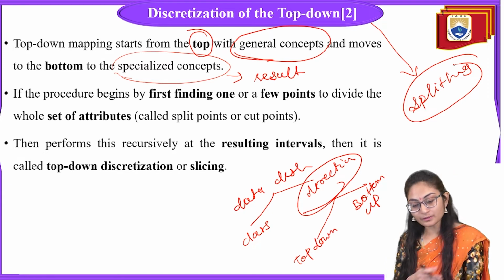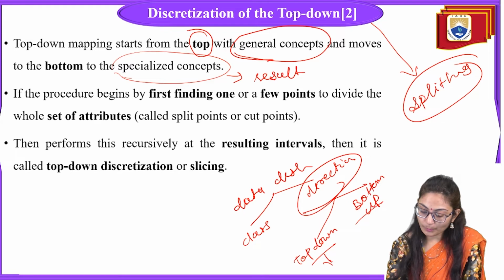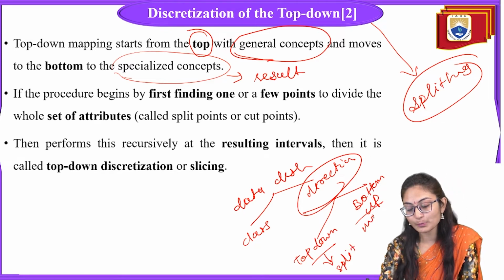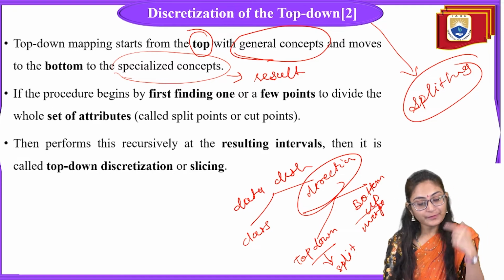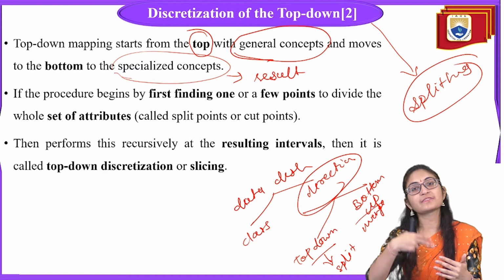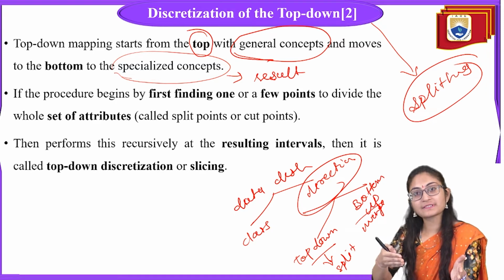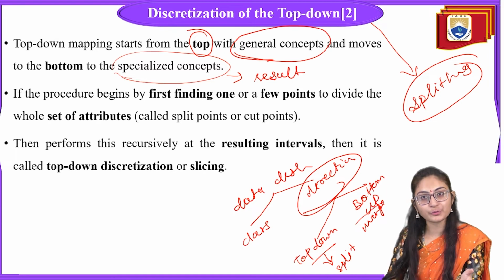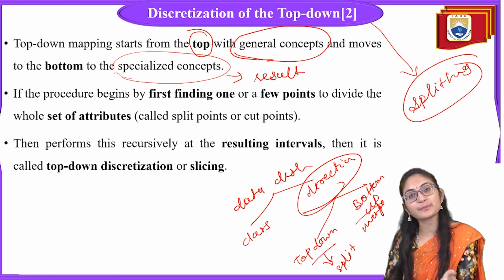When we are talking about top down and bottom up, in top down you have to split your data, and in bottom up you have to merge your data. When you start from the first interval, it will divide your set of attributes and then perform recursively.